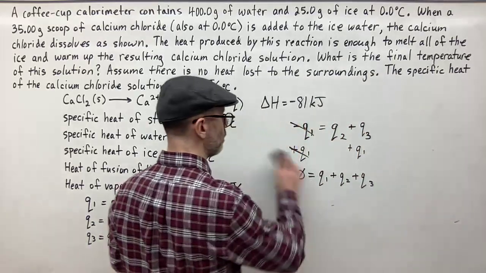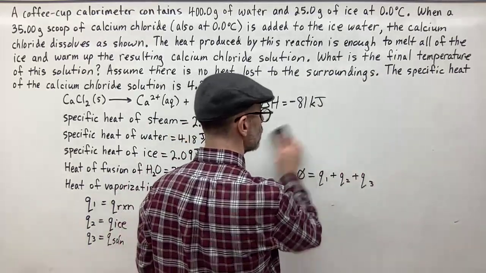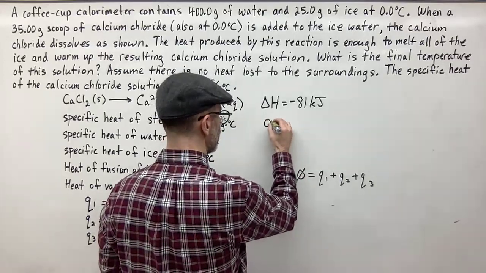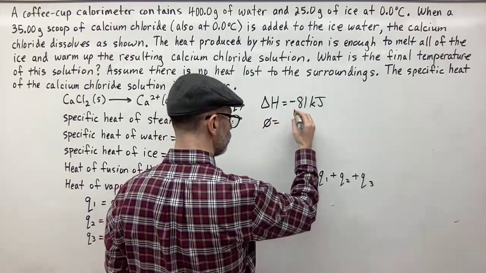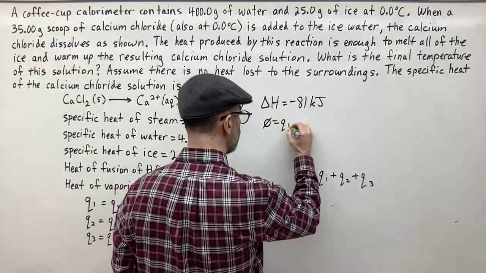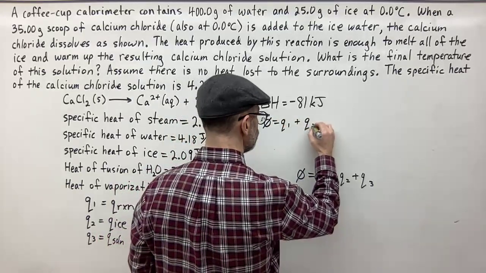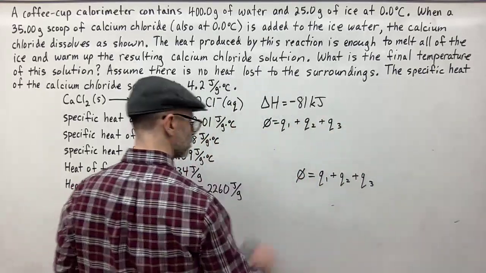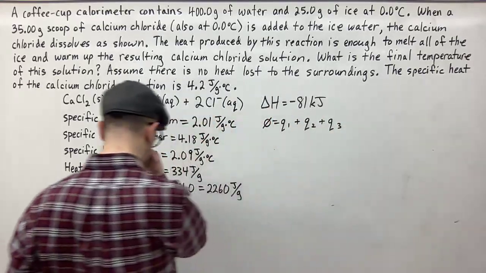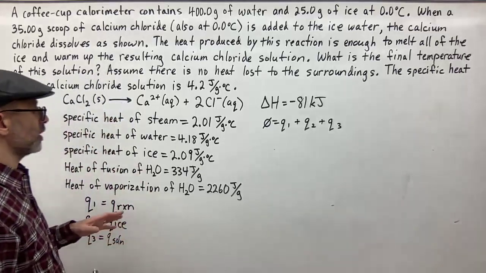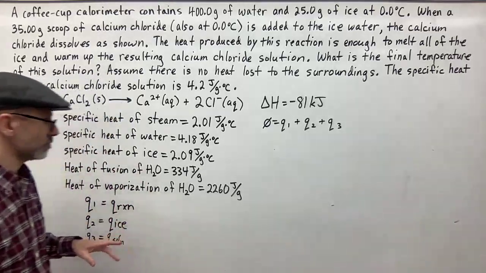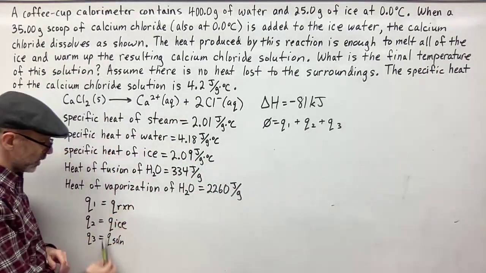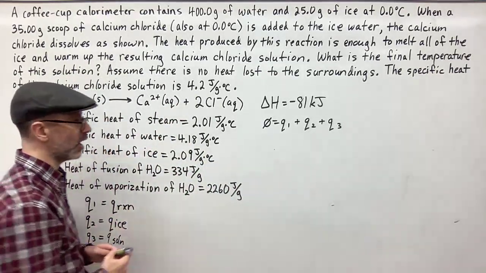Okay, so I'm going to go ahead and erase this. I'm going to rewrite this up here. So I got 0 is equal to Q1 plus Q2 plus Q3. And now I can replace Q1, Q2, Q3 with these because I've already identified what they are.